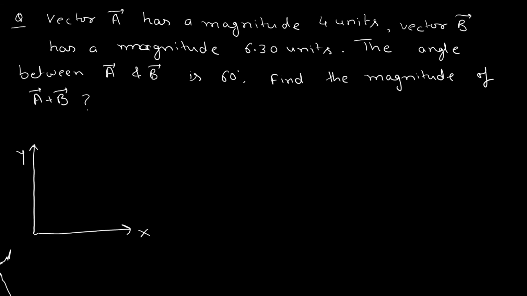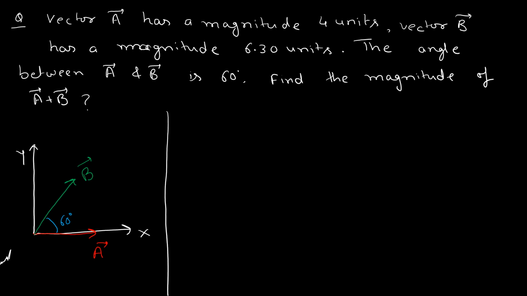I'll take vector A along the x-axis, and vector B at 60 degrees from it. First, we need to find the components of our vectors, and then we are going to add those components together to find the addition of these two vectors.